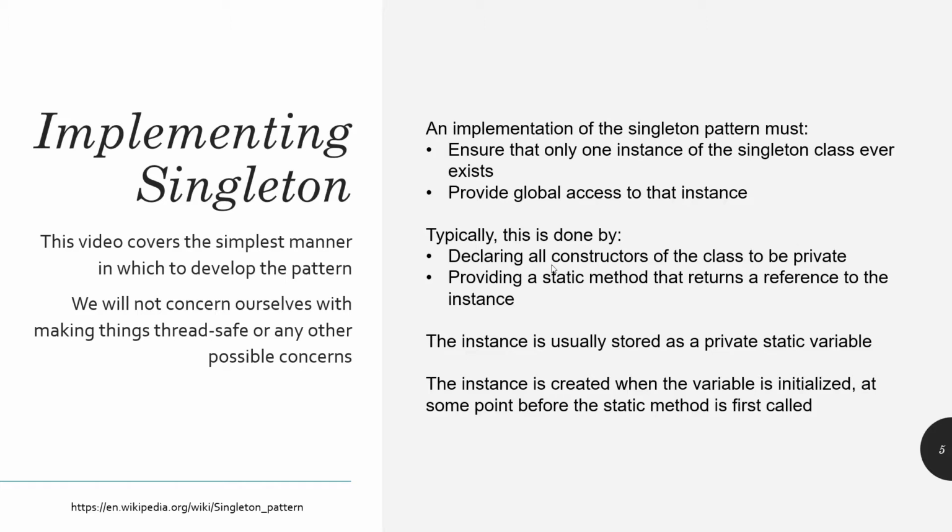And so what we described here: we typically declare all the constructors private, and we provide a static method or a static function, public, that returns the reference or the pointer to that instance. We're going to store that instance in the class as a private static variable, and it starts out as null. It doesn't start out initialized.